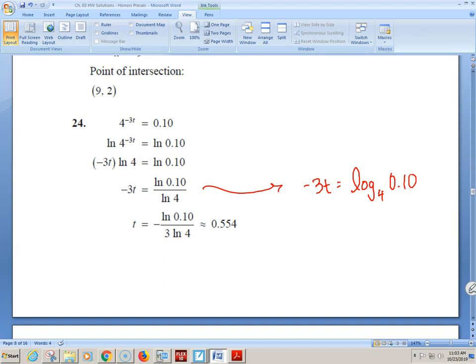And you're not wrong. But check it. Wouldn't the change of base formula have gotten you right where they got without doing the work? It's up to you. You can do log base 4, and without having to use a calculator and go checking every single answer, you can look for the change of base. Now, wait. You would have had to divide by negative 3, right? But if you notice, their answer has a divide by negative 3 also. They just changed the form with the change of base formula.